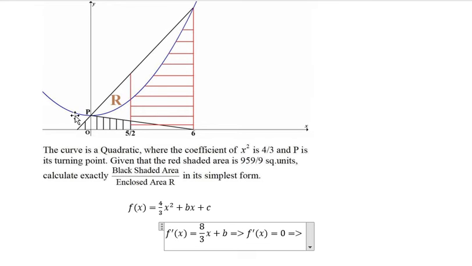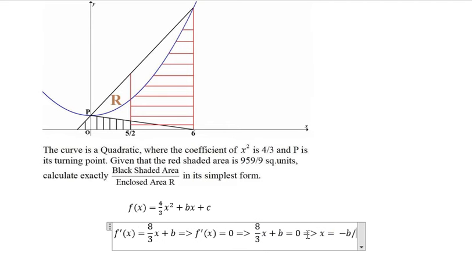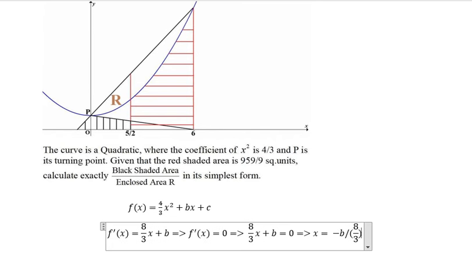As you can see, the turning point is at x equal to 0, so this expression equals 0. We can find x equal to negative b over 8 over 3.